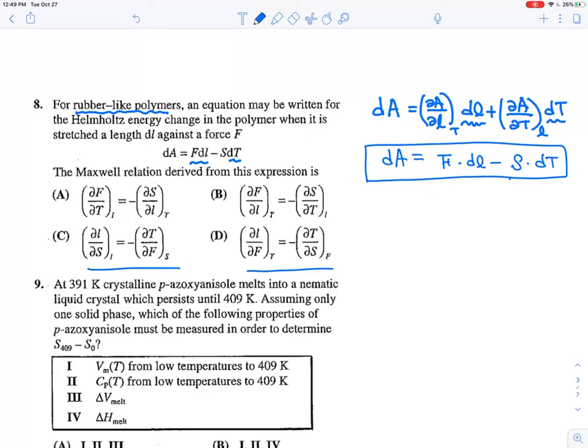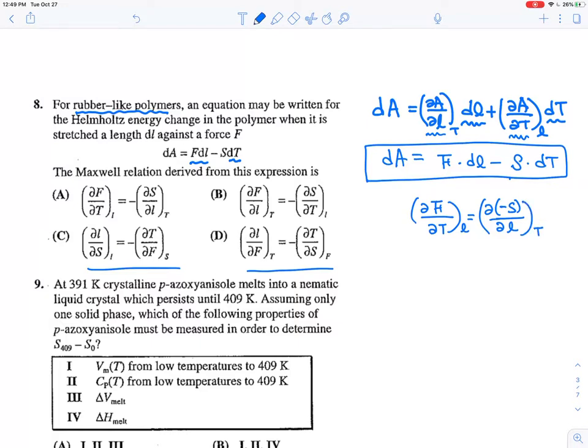So when you take an F and take the other derivative, we used to do round L, so now round T, round L should be the same as taking minus S, right? And taking this round, because I have done the T first, so now we can do the L over T, keeping the T constant.